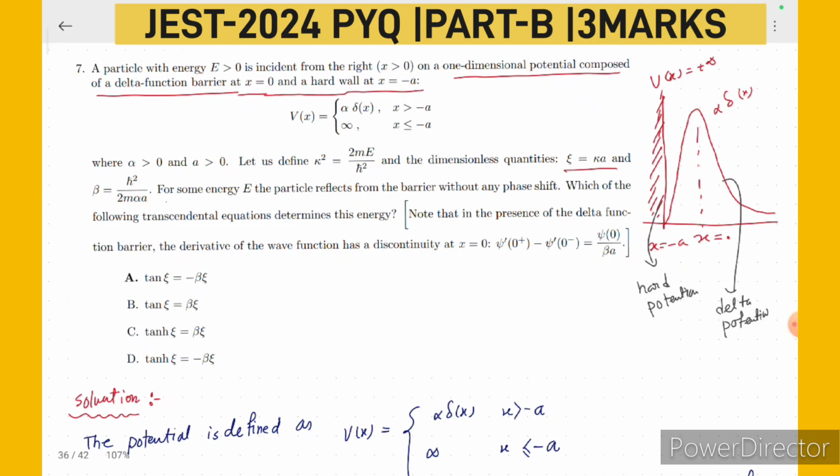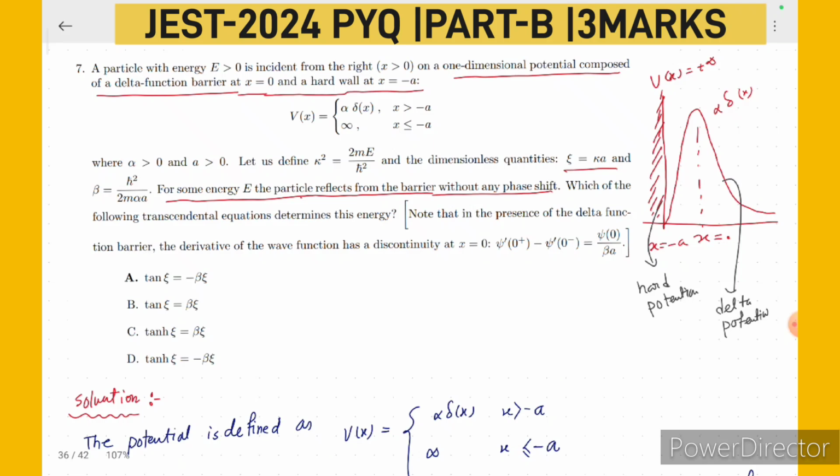For some energy E, the particle reflects from the barrier without any phase shift. That's a very important point. When a particle is incident on a barrier with energy E, at some energy the particle reflects from the barrier without any phase shift.